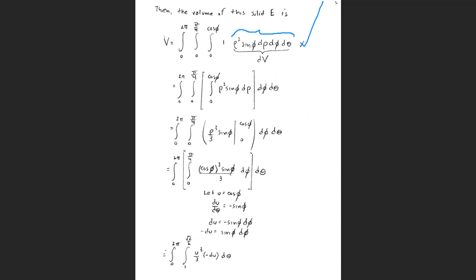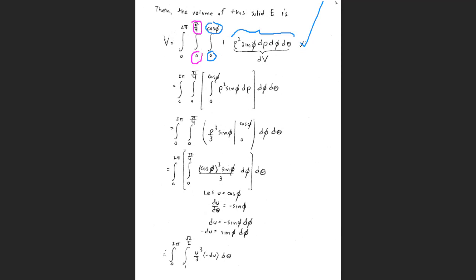You can change the order, but generally I like to save my theta for last. Based on that solid, all coordinates on that solid would have rho values between 0 and cosine of phi, and the phi values for any spherical coordinate on that solid would have to be between 0 and pi over 4.